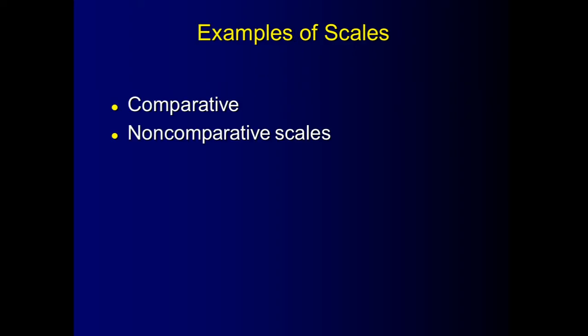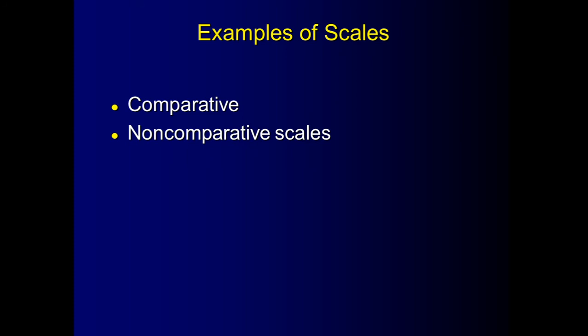Though they are mutually exclusive, the values have greater than, lesser than value, but they don't have fixed interval, they don't have true zero. So it fulfills only the first two characteristics. What are they? Number one, equivalence. Number two, order.